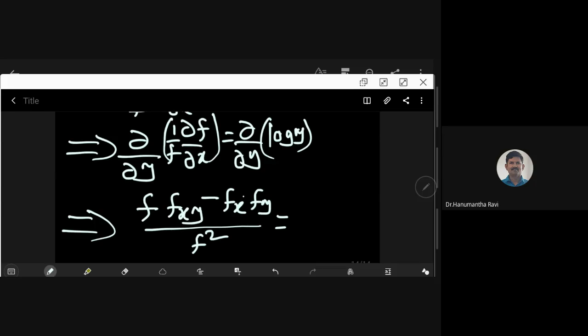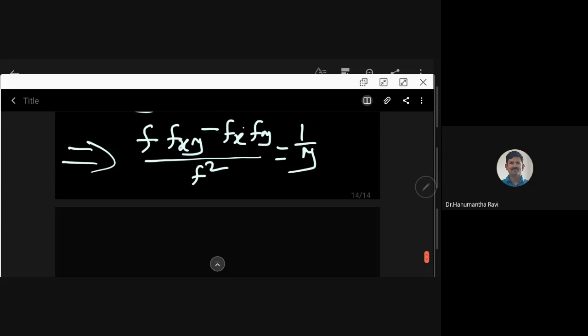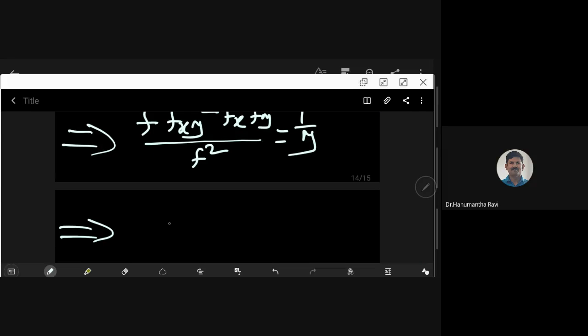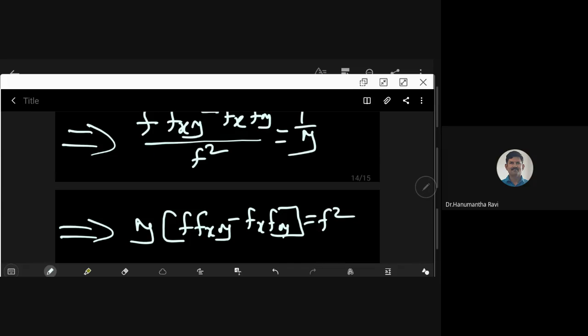Now dou by dou y of log y is 1 by y. So this implies y into fxy minus fx fy is equal to f square.